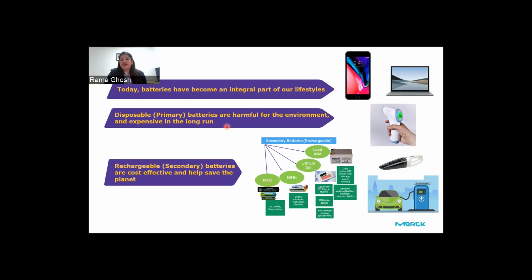These batteries contain a lot of toxic heavy metals, alkali and acids, which is the main reason for harmful environmental impact. On the other hand, rechargeable batteries are inexpensive as compared to primary, and in the long run, they are helping the environment as well.